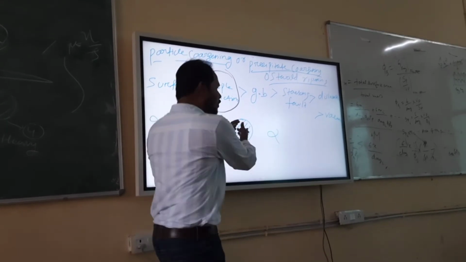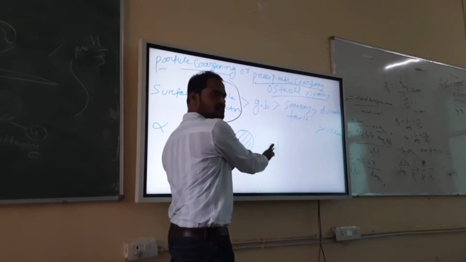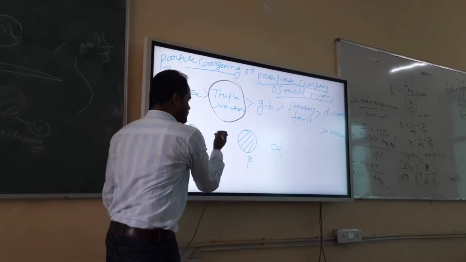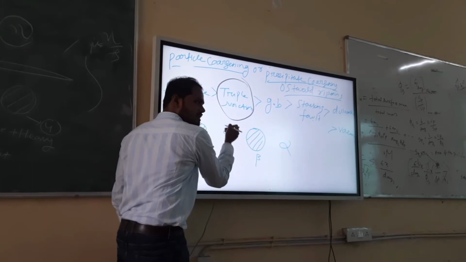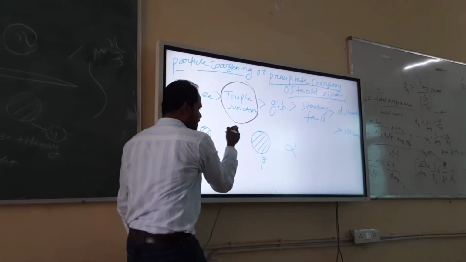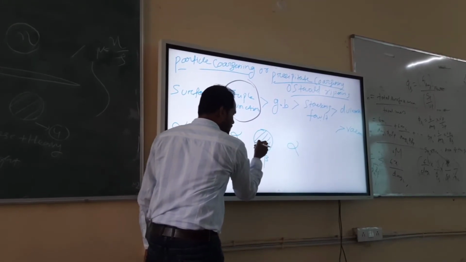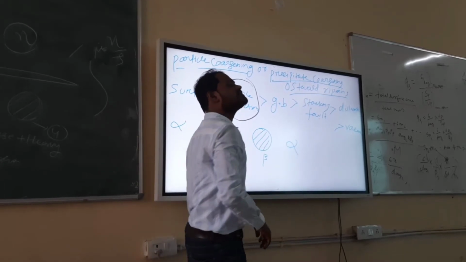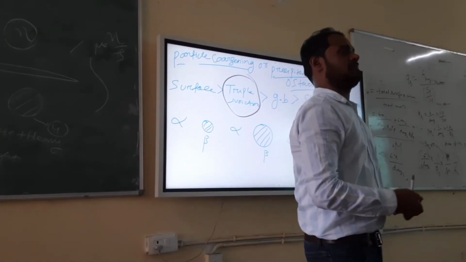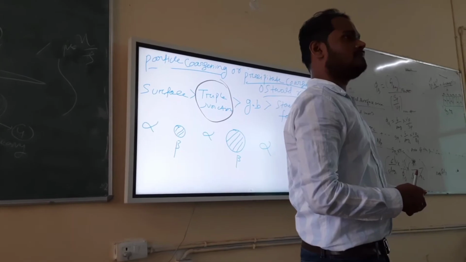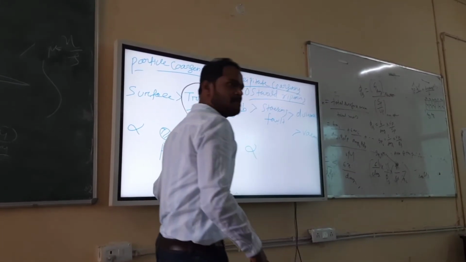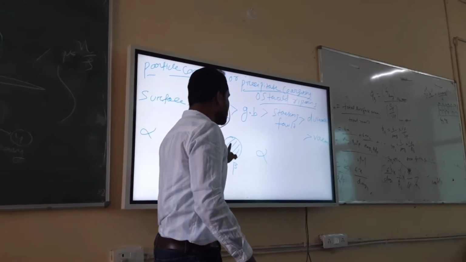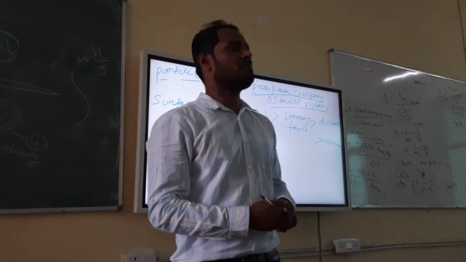Right? But they can grow. That's all. If this is bigger, this is smaller. So my point is that the composition of the alpha matrix in equilibrium with this precipitate and the composition of the alpha matrix in equilibrium with this precipitate is not the same actually, it is different.